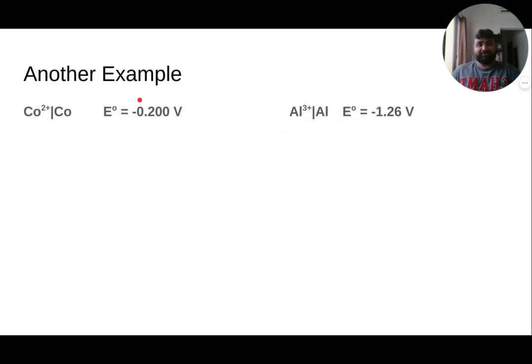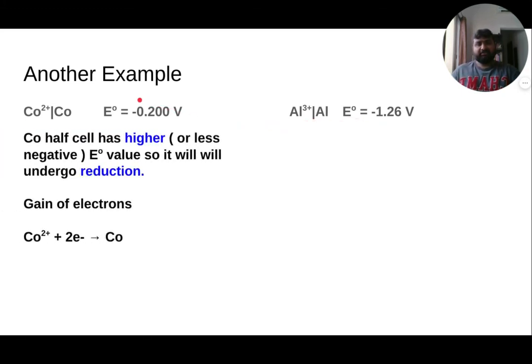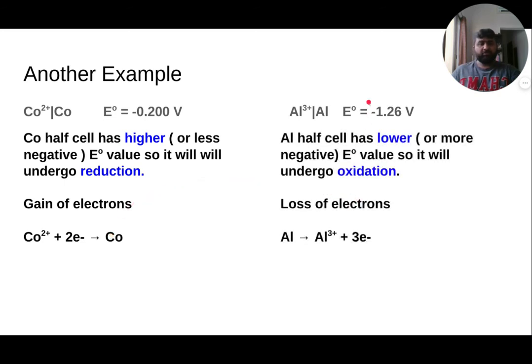Remember the minus. So the higher E value will undergo reduction. Reduction means gaining electrons. So you can see cobalt 2 ions gaining electrons to give you cobalt. Aluminum has a lower value, so oxidation will happen in it.